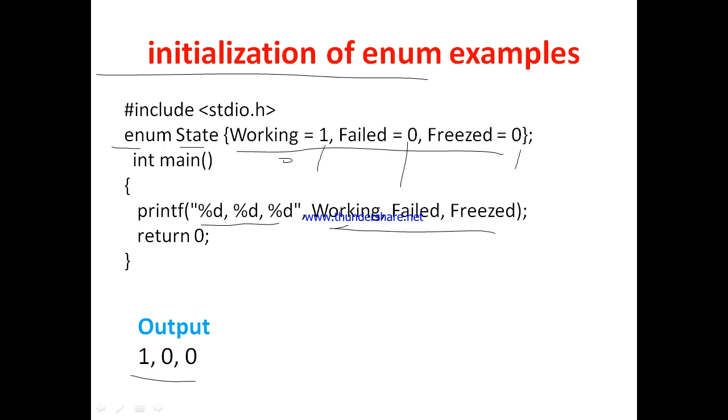Why? Because here the values are initialized. If the values were not initialized, at that time it would print the result 012, but here the values are initialized, so the values printed are 100. Okay, so this is from the enum user defined data type.